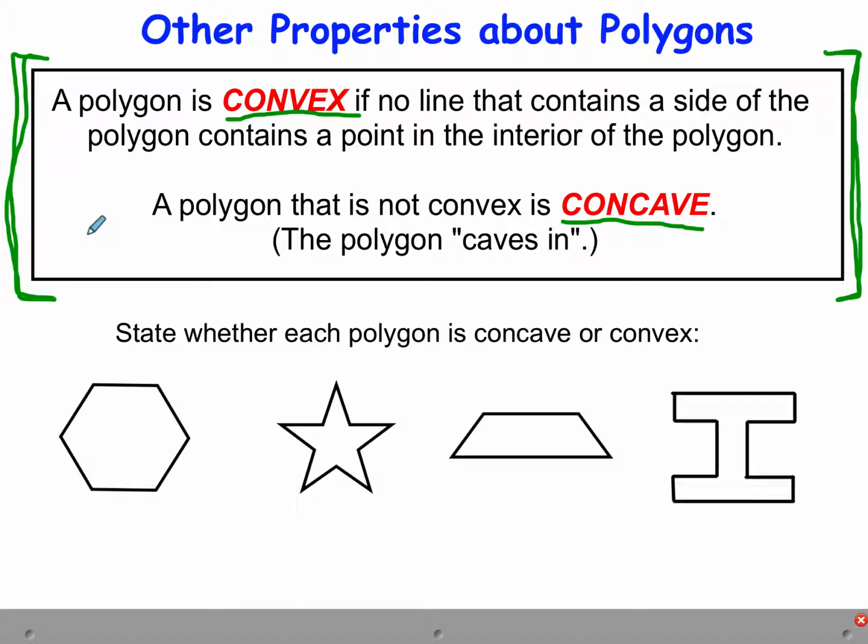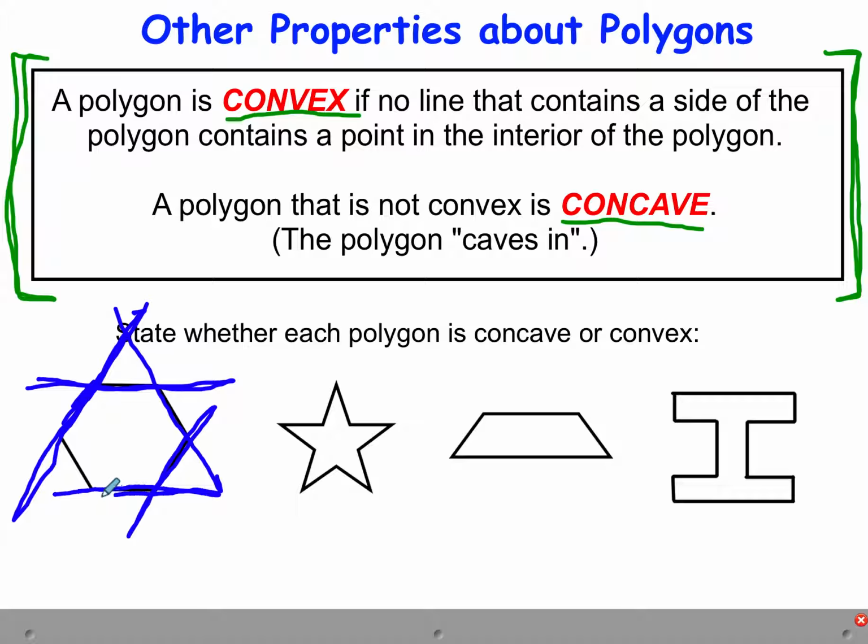If I draw a side of a polygon as if it's part of a line that extends all the way out in both directions, and I do that for every side of this polygon, if any of these lines went inside of the shape, that would be a concave polygon.